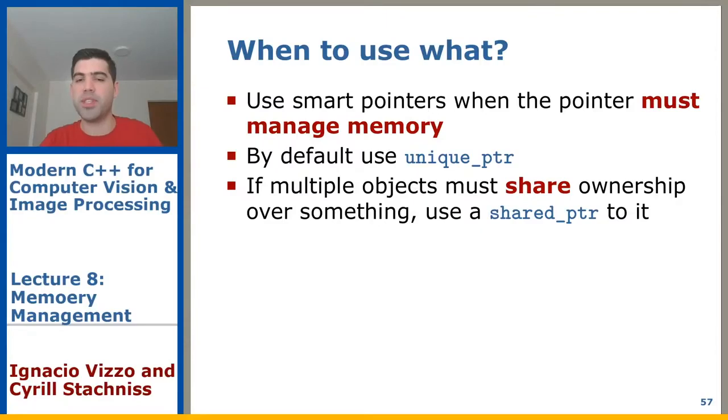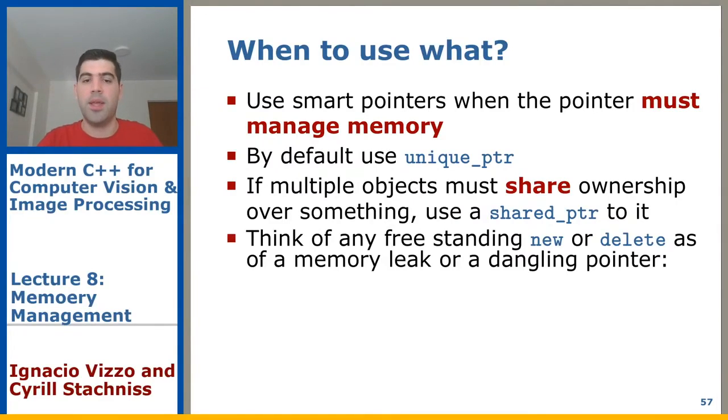If multiple objects must share ownership over something, use the shared pointer. And think of any freestanding new or delete as a memory leak or a dangling pointer. So if you see new in the code, you say, okay, this is going to be a memory leak. Maybe not, maybe the programmer did it properly, but this is not so common. And believe me, even a really experienced programmer can make this mistake. So just use smart pointers.